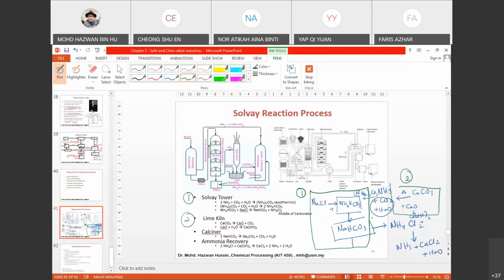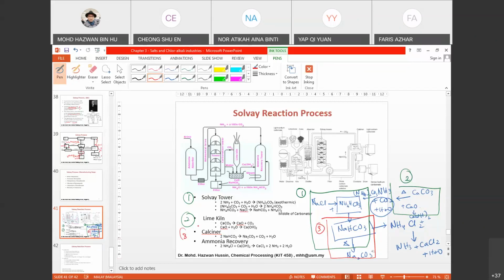And then you also have the calcination process that occurs in the calciner. The calciner converts sodium hydrogen carbonate into sodium carbonate. Okay, so this is reaction 3.